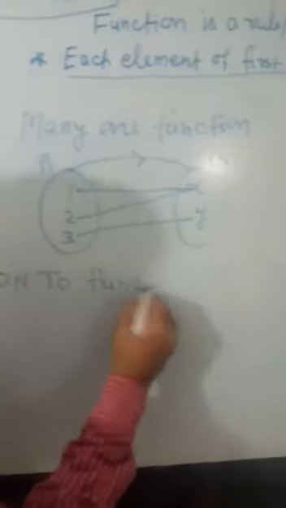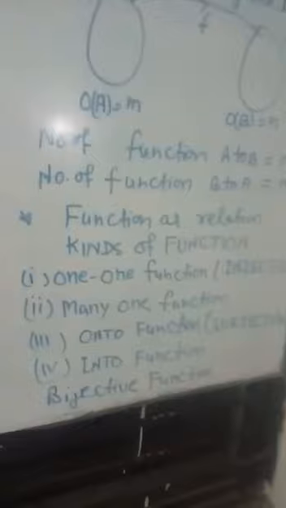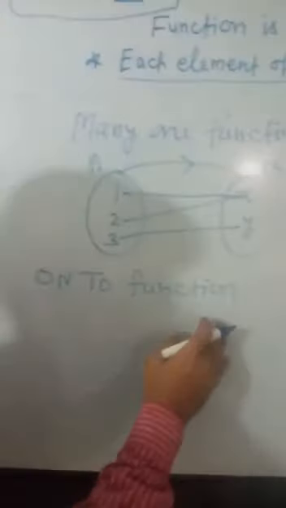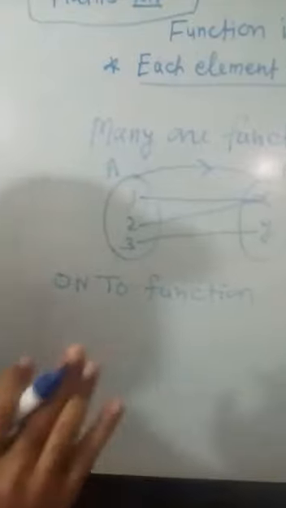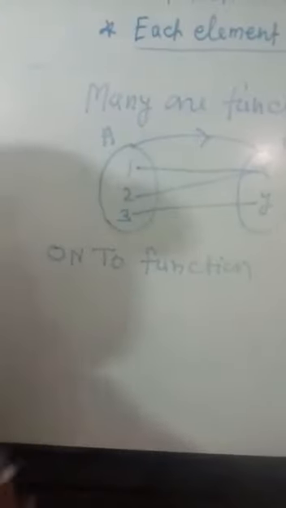Now you go on to the onto function, also called surjective or surjection. That means each element of set B has a preimage.